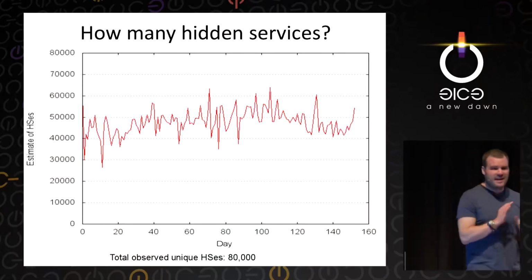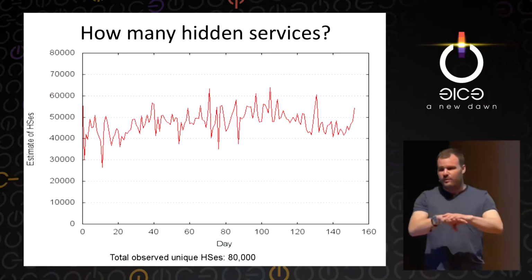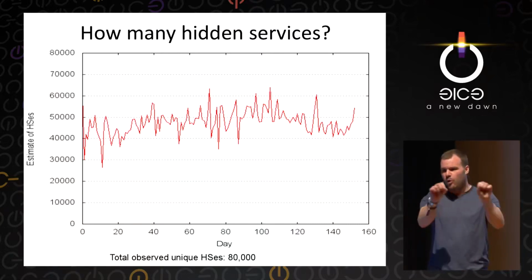So our estimate for how many hidden services there are, over the period which we ran our study, this is our graph plotting our estimate for each of the individual days as to how many hidden services there were on that particular day. Now the data is naturally noisy because we're only a very small proportion of that circle.